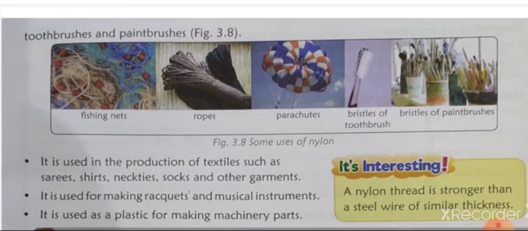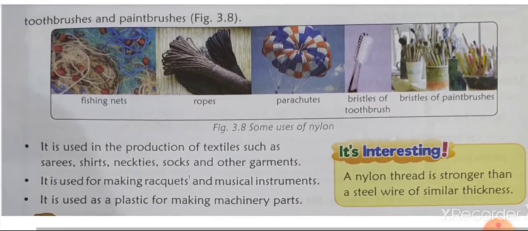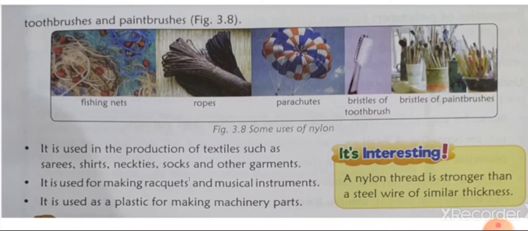Beta, you can see in the figure also: fishing net, ropes, parachutes, bristles of toothbrush, bristles of paintbrush, etc. These are the uses of nylon. It is used in the production of textiles such as saris, shirts, neckties, shawls and other garments.